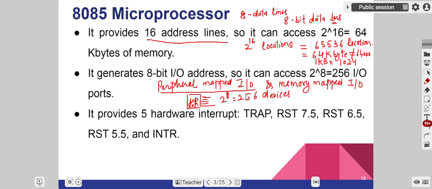Why is it so? Because this processor has only 8 data lines. So with 8 data lines we can address up to 256 devices only.